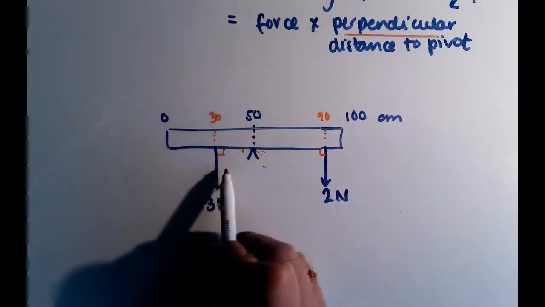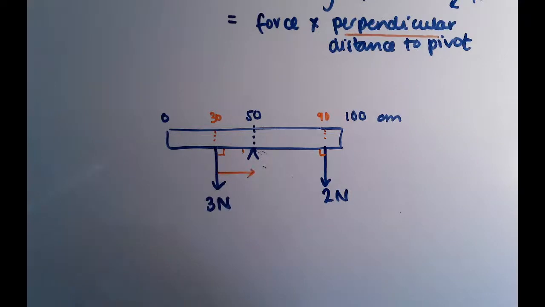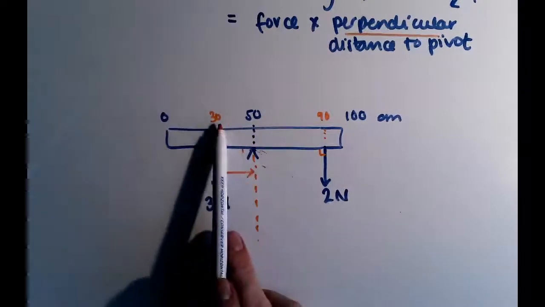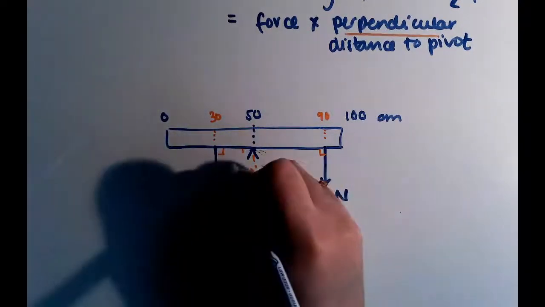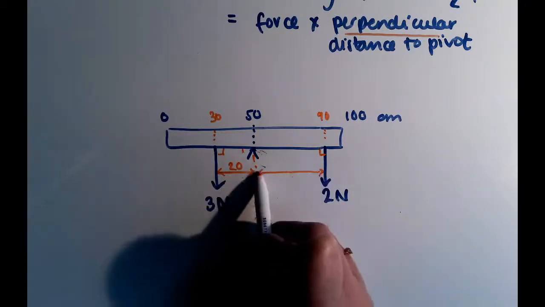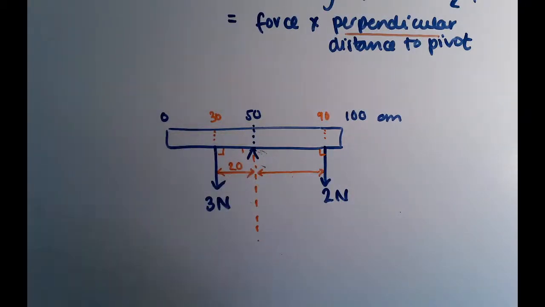So the perpendicular distance to the pivot, so here's the vertical line, so it's the line through the pivot, is going to be the difference between 30 and 50. So this is 20, and this one here is 50 to 90, so that's 40.